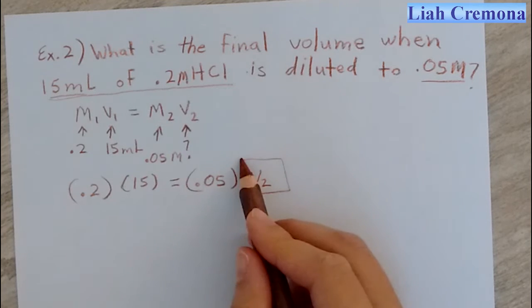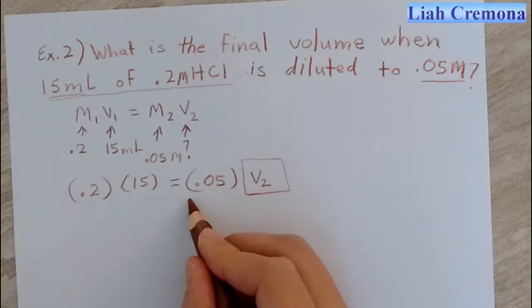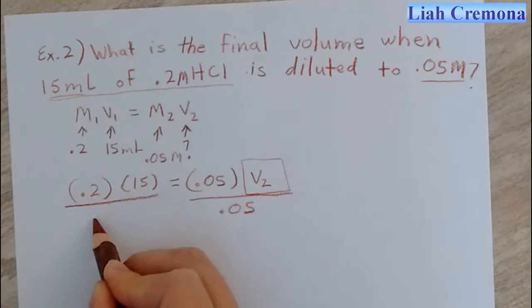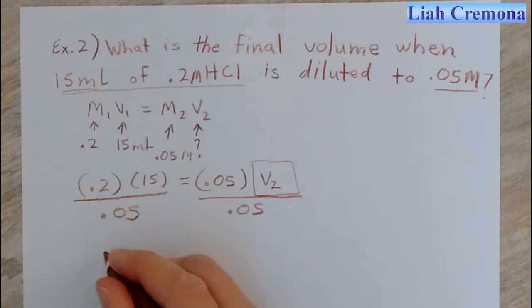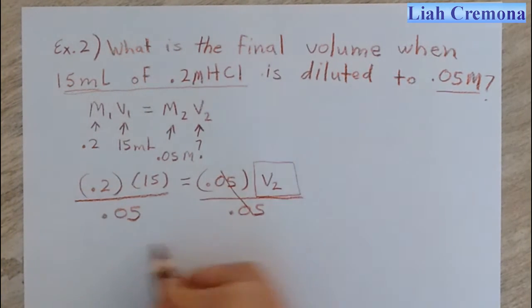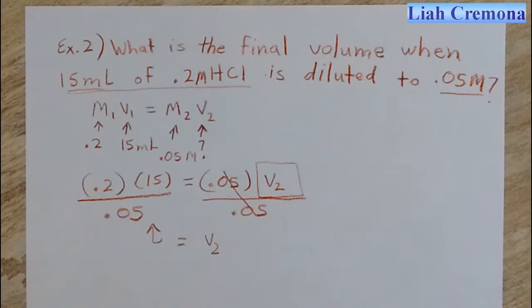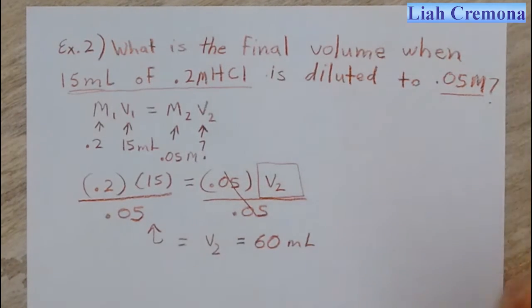Now, because we're solving for V2, we divide both sides by 0.05, which leaves us alone with V2 is equal to this right here. And V2 is 60 milliliters.